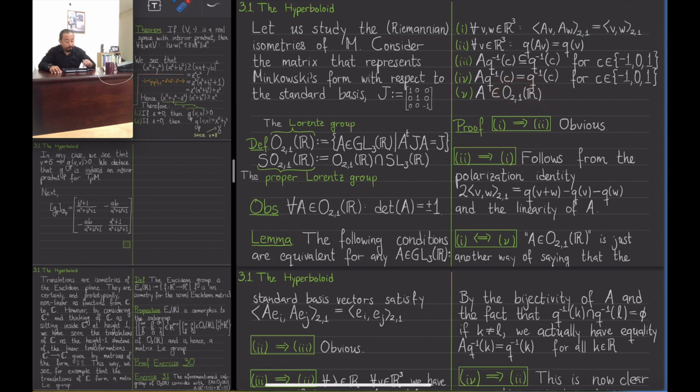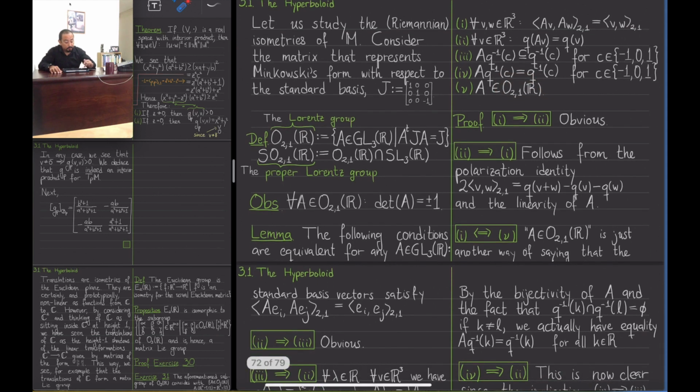Okay, about the proof. First, let's focus on 1 if and only if 2. 1 implies 2, as we said, is obvious. And 2 implies 1 comes from the polarization identity, namely the fact that you can put this symmetric bilinear form in terms of its associated quadratic form.